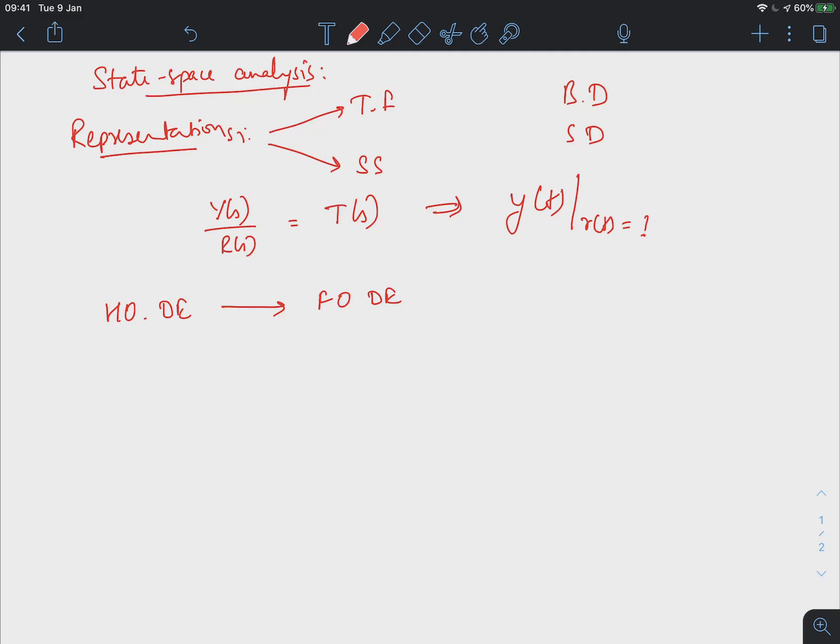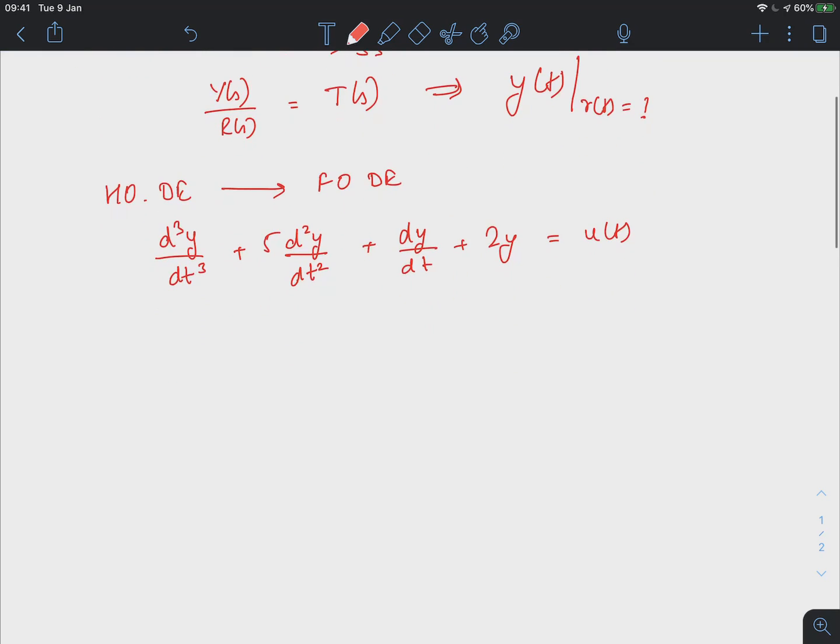given this, say for example, we have a third order system which is d cubed y by dt cubed plus 5 d squared y by dt squared, and so on, equal to u(t). Okay, let's say we have this differential equation given to us. So you know how to compute the transfer function, that is Y over U. The idea here is, you see that we need to compute the three derivatives of the signal y.